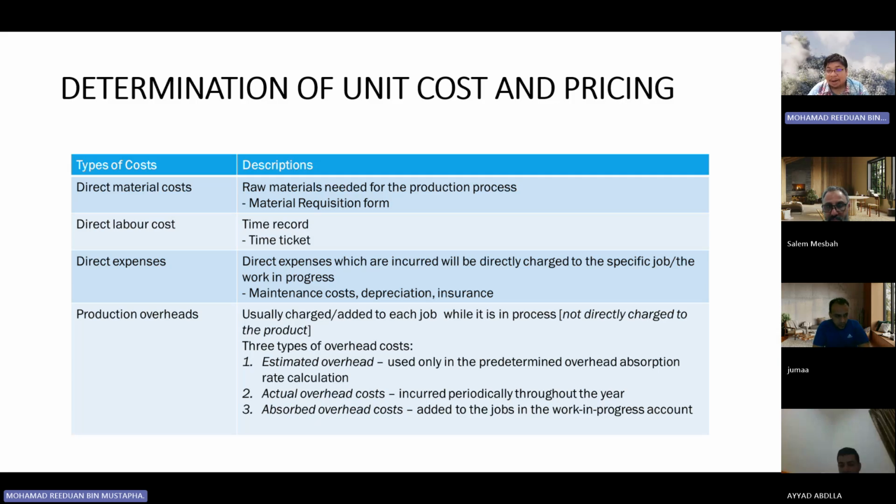But sometimes you process without an order because you don't want to waste your capacity, your material, or your manpower. In manufacturing you just process even if you don't have any customer. So it depends on your business model.